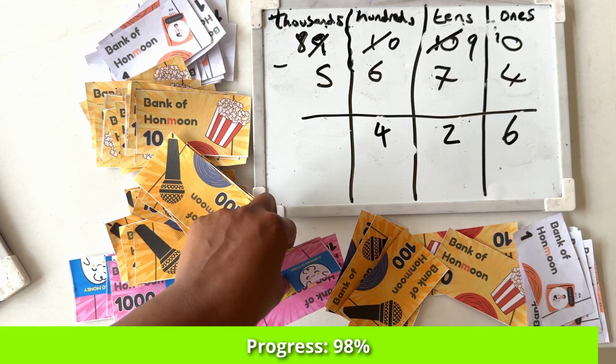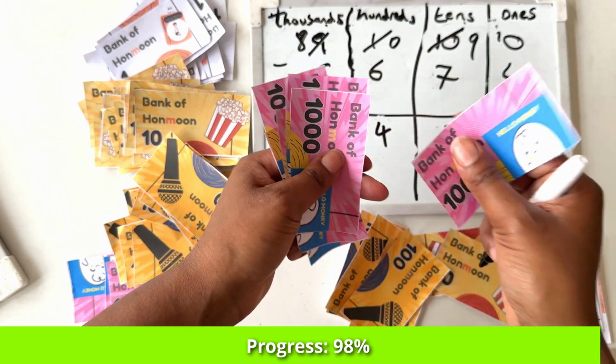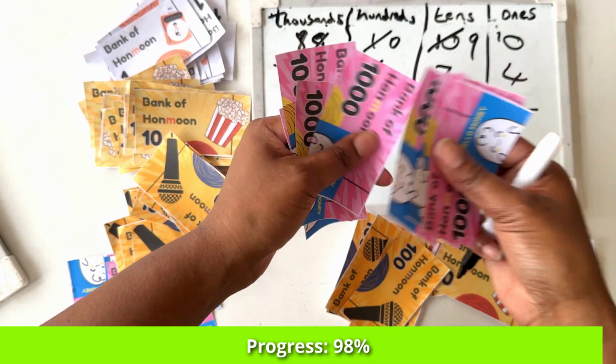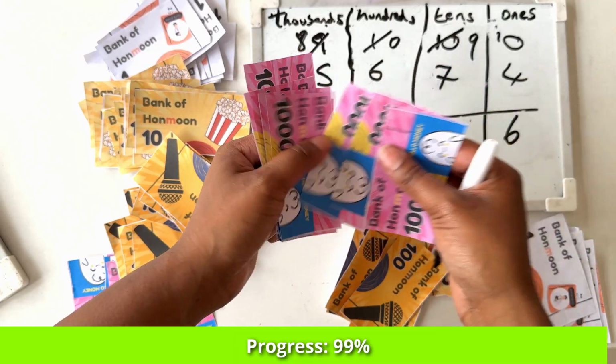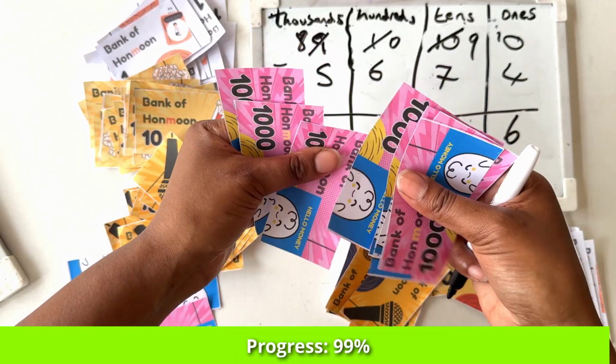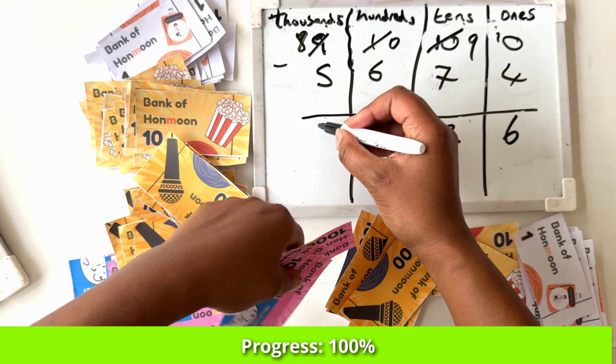And then we have 8 minus 5, which should leave us with 3.